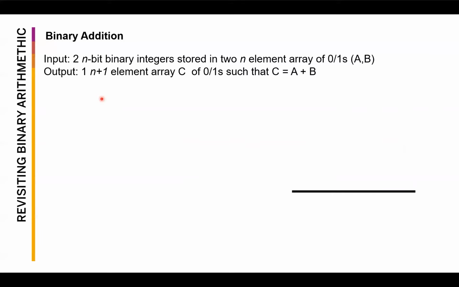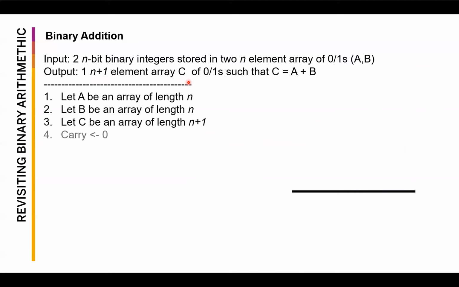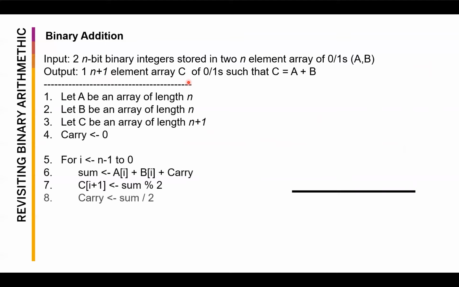So we will accommodate that, and we go for an n+1 length for array C. Now, this is the exact algorithm on how to do binary addition. You can actually implement this in Python if you would like. But let's just run through it so that we can see if this algorithm is correct, if it will produce the correct output.